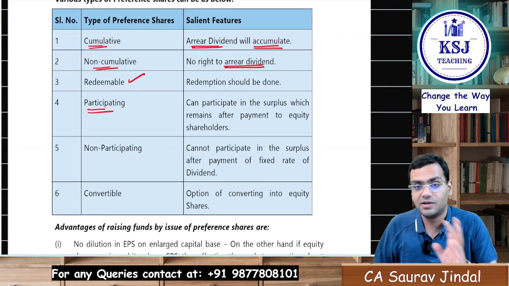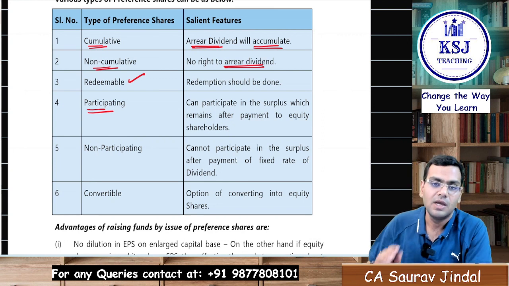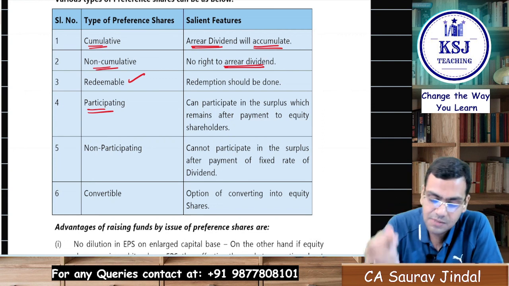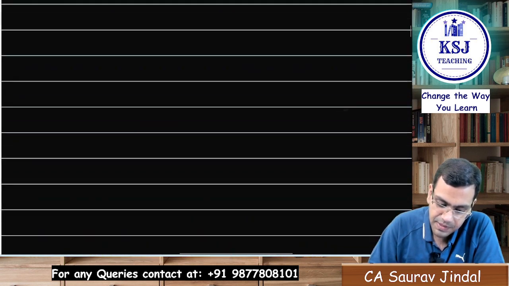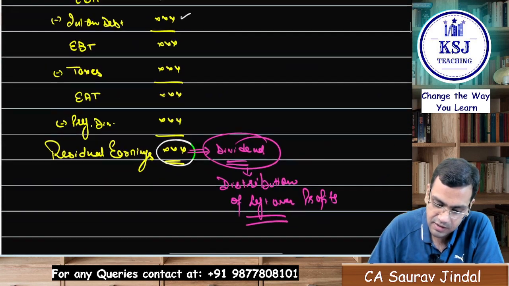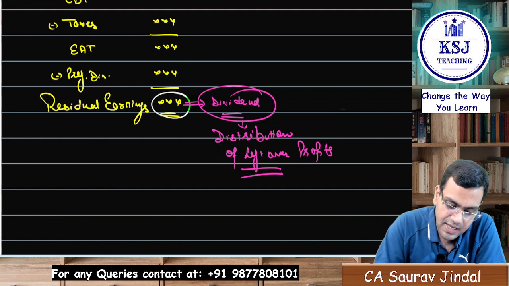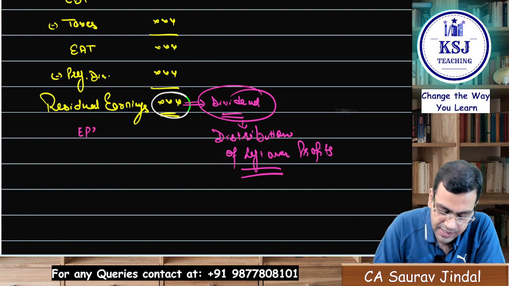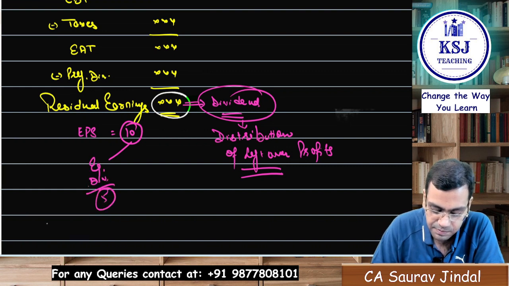Participating, now this is interesting, but this is a very rare form of preference shares which you won't otherwise find. Let's say here you have an EPS of 10 rupees. Out of this 10 rupees you have decided to pay an equity dividend of 5 rupees.